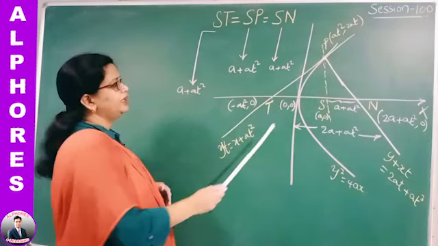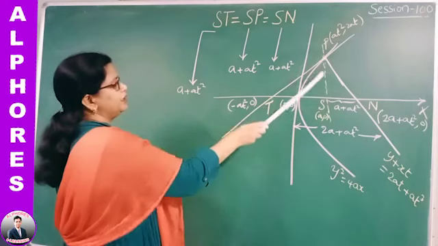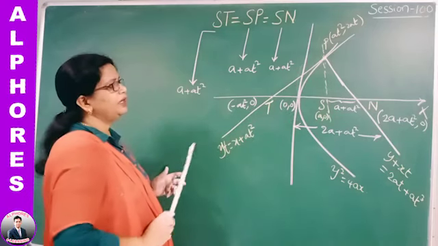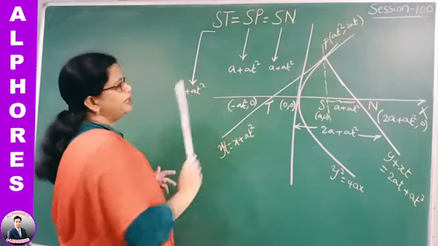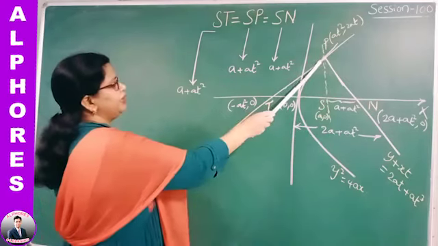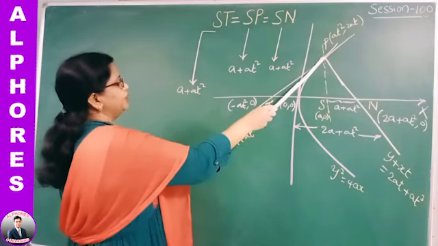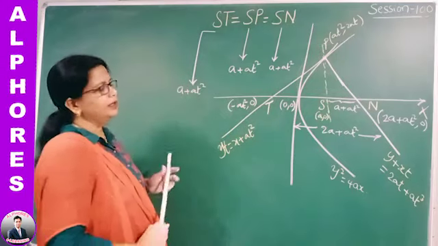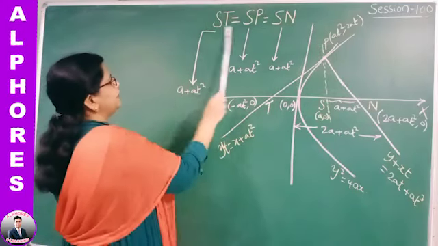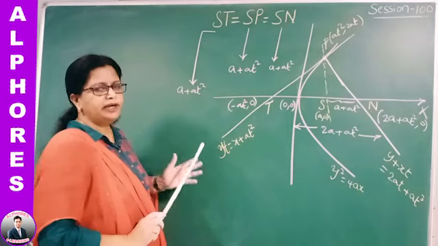It is not in that way. This is SP, not perpendicular to the axis of the parabola. So SP, ST, SN. What is the indication of P here? From which point? That means at what point you have taken the tangent as well as the normal, that is our point P. And moreover, this result is applicable for any kind of parabola, right?